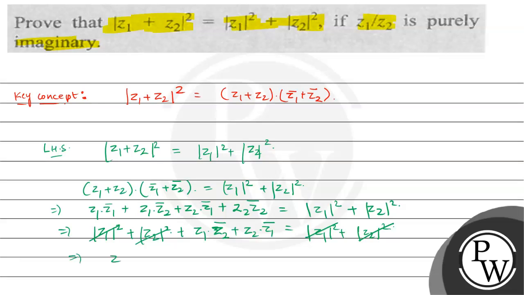What we are getting is z1 z̄2 + z2 z̄1 = 0.